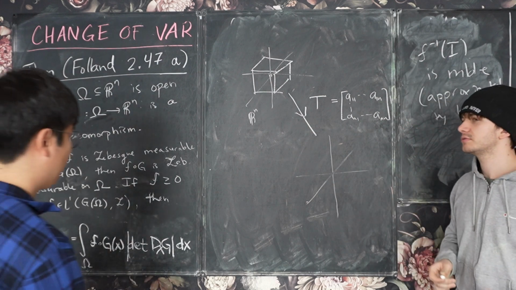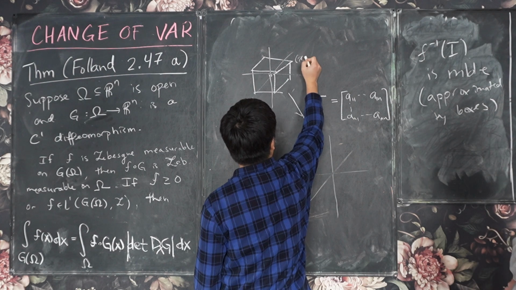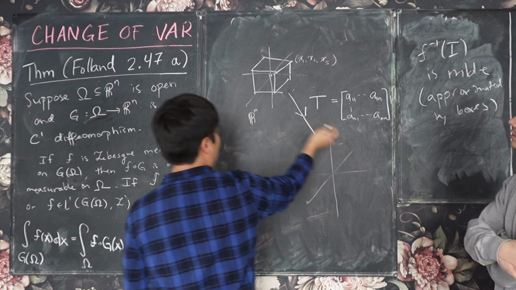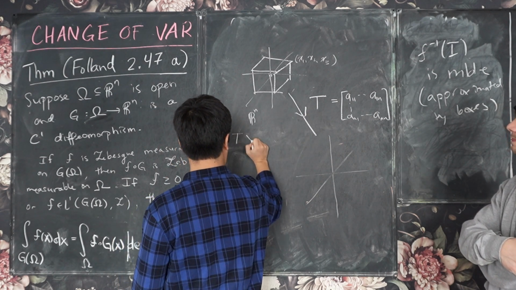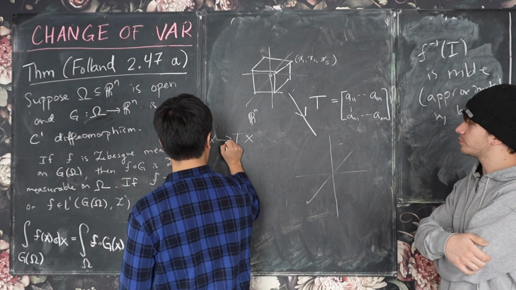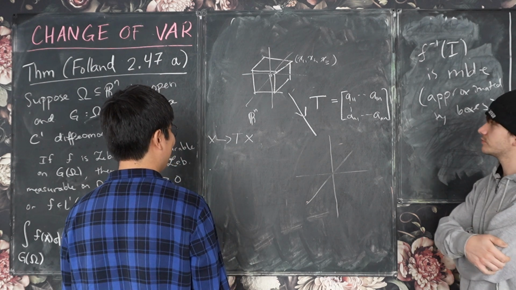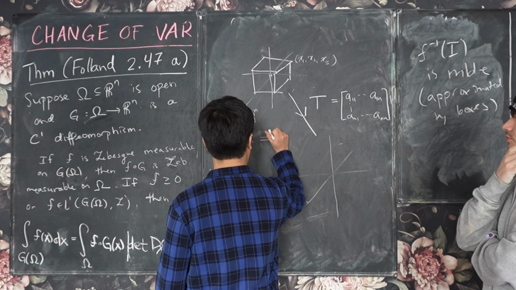So you have to first set the coordinates maybe, and then x, x2, and then maybe this is y.